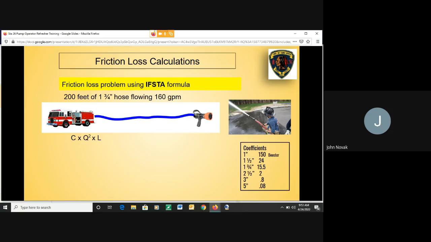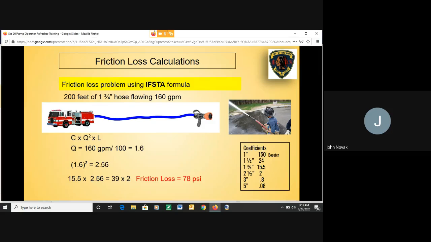So in this case, to get the flow, Q, which is the gallons per minute, is divided by 100, so we come out to 1.6. So 1.6 times 1.6 is 2.65, and then the coefficient from IFSTA is 15.5. So the friction loss in this case would be 78 psi per 100 for a 200-foot hose length.